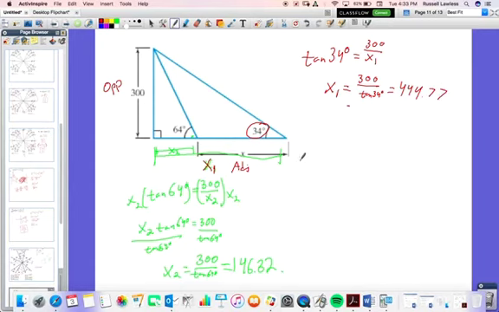Now what I'm going to do is take x sub 1, this full length, and subtract that from that length to get our x. So I'm going to do 444.77 minus 146.32. And when I calculate that, that should end me with a grand total of 298.45.